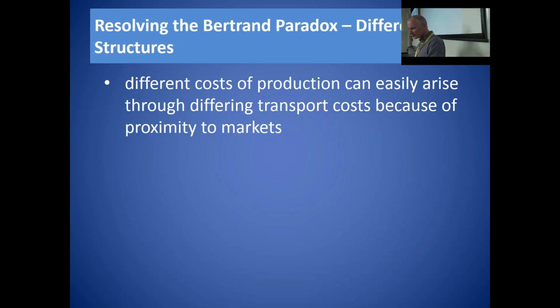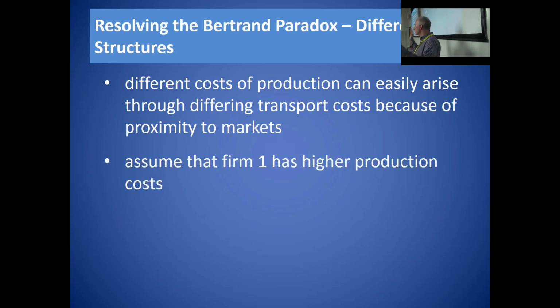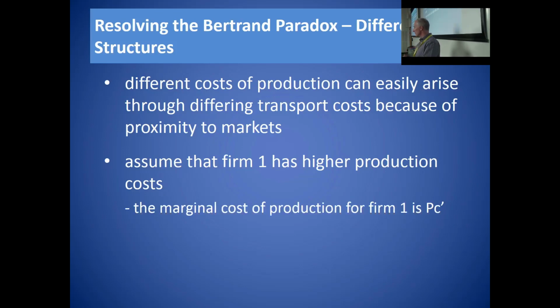So, let's say, purely as a way to move this on, that in our two firm model, firm 1 and firm 2, firm 1 has higher production costs. Let's say that these manifest themselves because it's more distant from its market, so its production costs are higher. Just to give you a bit of notation, for firm 1 its higher production costs will be denoted by PC prime.